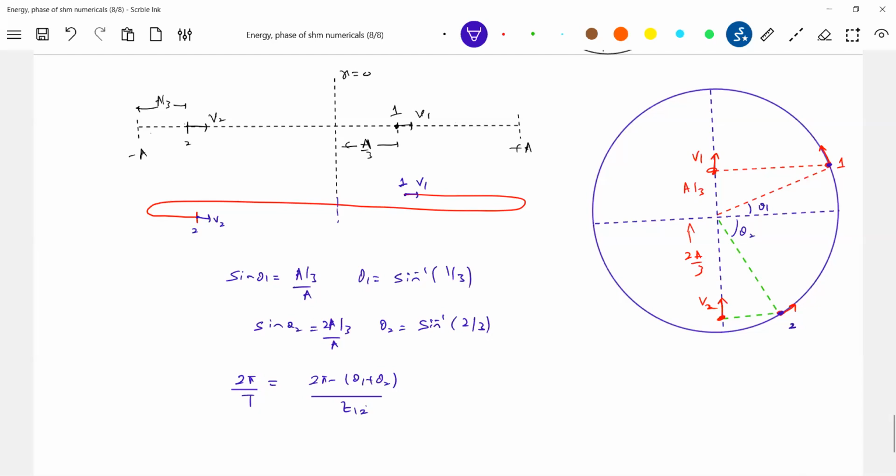I think this is our overall condition. We don't have a certain value for theta 1; if we had ended up with a certain value, we would have done it directly. So T1 2 is equal to T by 2 pi times (2 pi minus theta 1 plus theta 2).